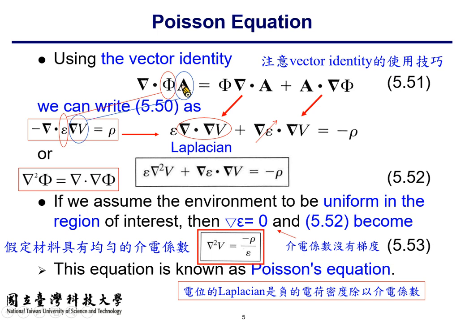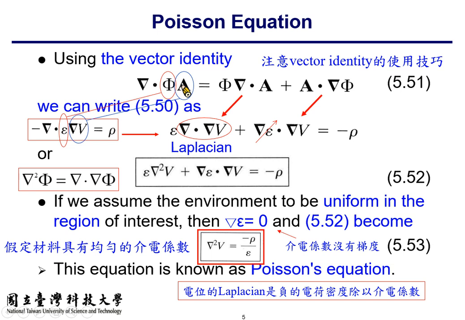So you need to compare the two equations to identify that the phi in the top equation is actually the permittivity epsilon, and the vector A on top is actually the gradient of V. So you substitute phi with epsilon and the vector A with the gradient of V, and you end up with this equation over here.